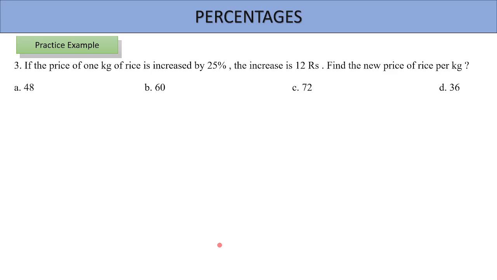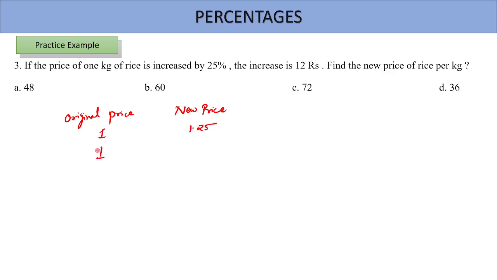If the price of 1 kg of rice is increased by 25 percent, and the increase is 12 rupees, then find the new price of rice per kg. So let this be the original price, and this is my new price. Let the original price be 1, then my new price will be 1.25.